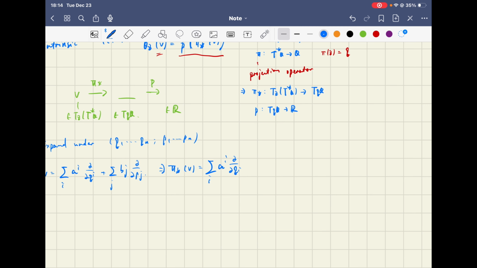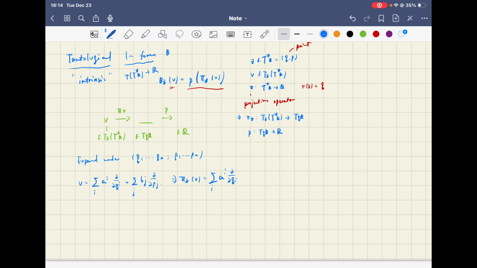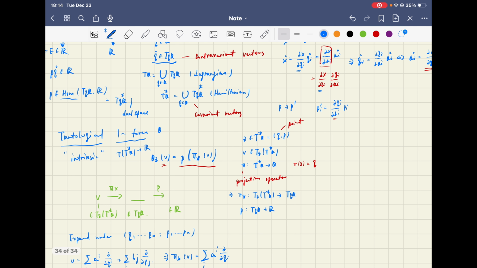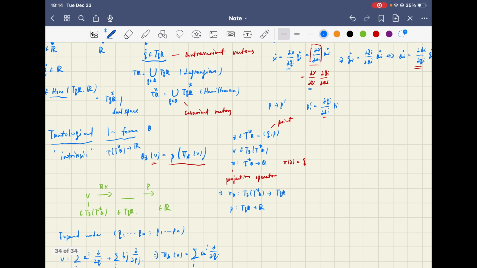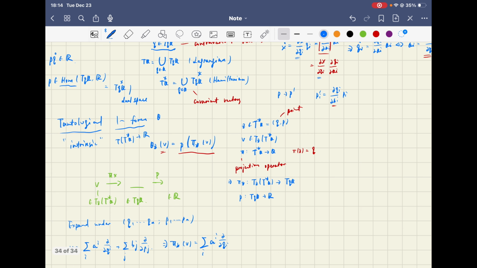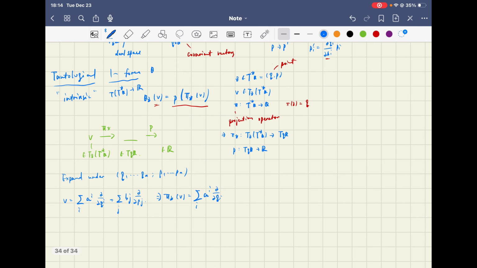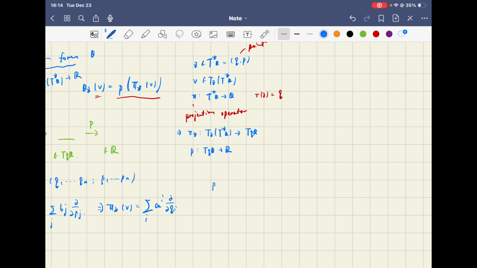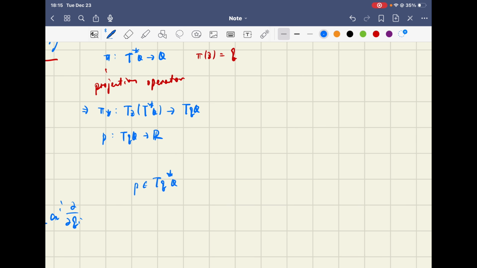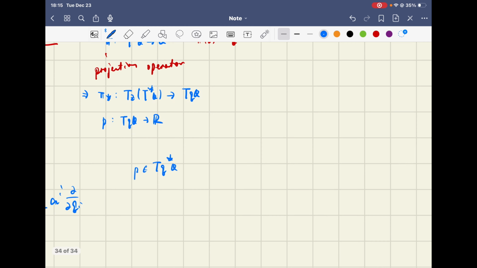Yeah, we have to pay a little bit of attention to the expansion of p here, because the p we use is actually something that projects something in TQQ to R. So we must ask ourselves, since p belongs here, what is the basis of this space, the dual space of TQQ?